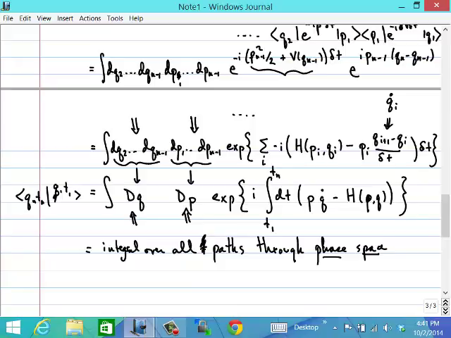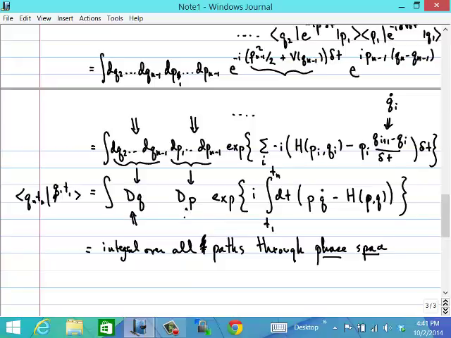So at this point, the expression that I've given here looks completely democratic, looks like it treats P and Q completely democratically. The only place where it doesn't treat P and Q completely democratically is through the boundary conditions.